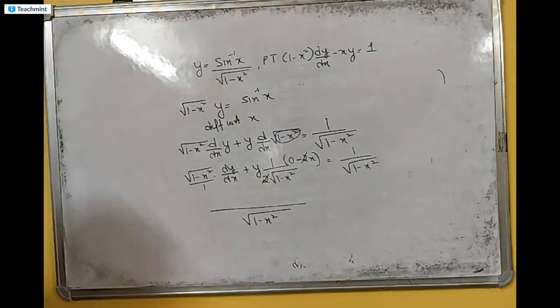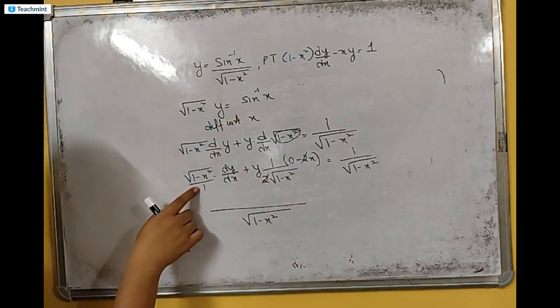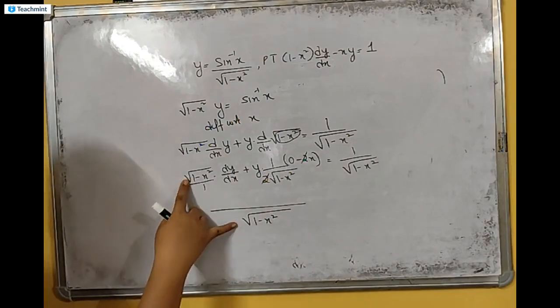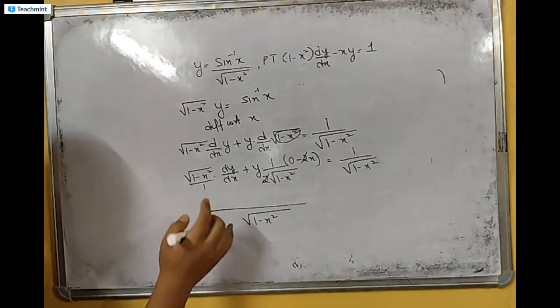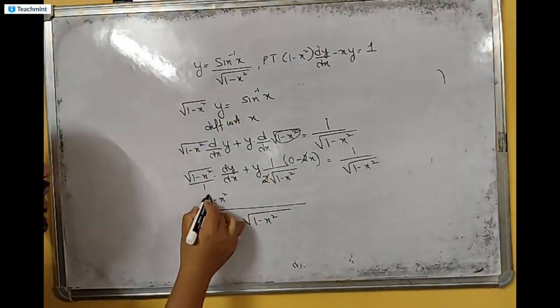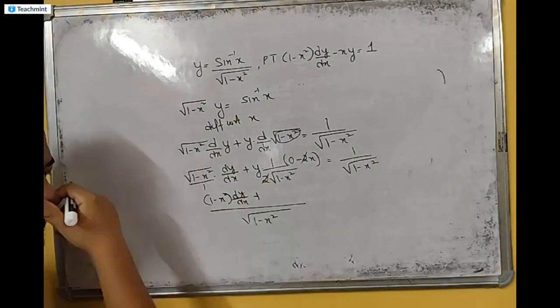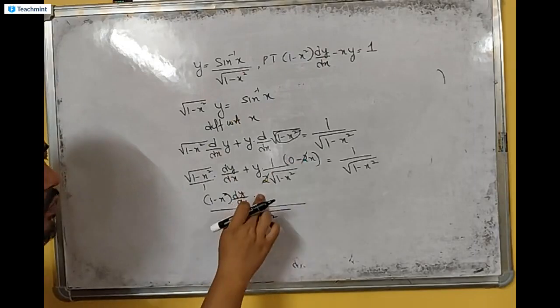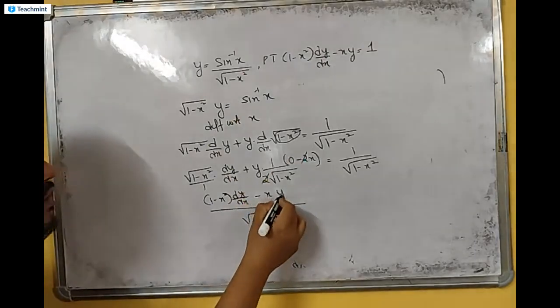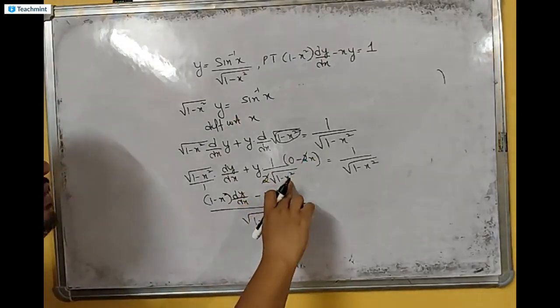After this, I taught you again the same variation, guys. How do you find out the LCM of this? If the denominator is 1, I told you to multiply the numerator with the LCM. So the root and root get cancelled, so you're left with 1 minus x squared dy by dx plus y into minus, which will become minus x, because the denominator and the LCM are the same.